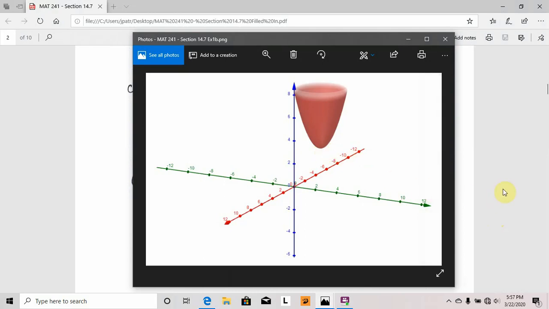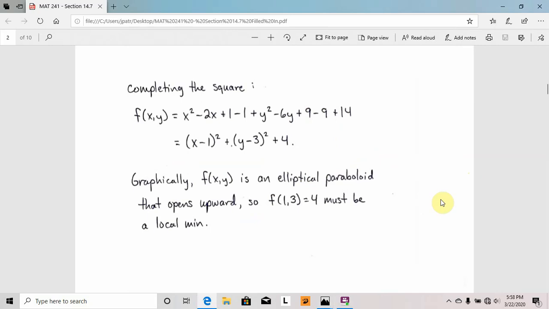It looks a little bit off right now just because of the way the axes are angled, and my computer gets too glitchy if I run this with the internet on, so I just have to rely on this screenshot. But the z value there is 4, and it looks lower just because of the way the axes are tilted. But yeah, that's going to have to be a local min. So that's that first example.